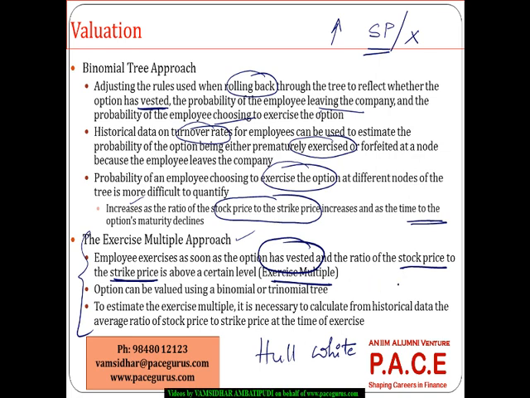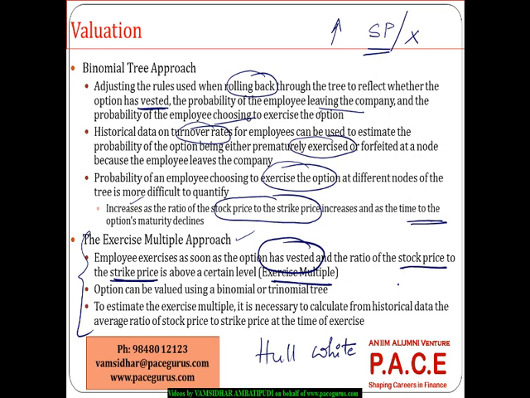So the moment we reach the vested date and I see that the stock price to strike price multiple is above a certain level which has been decided, it is at that point the employee is going to exercise that option.